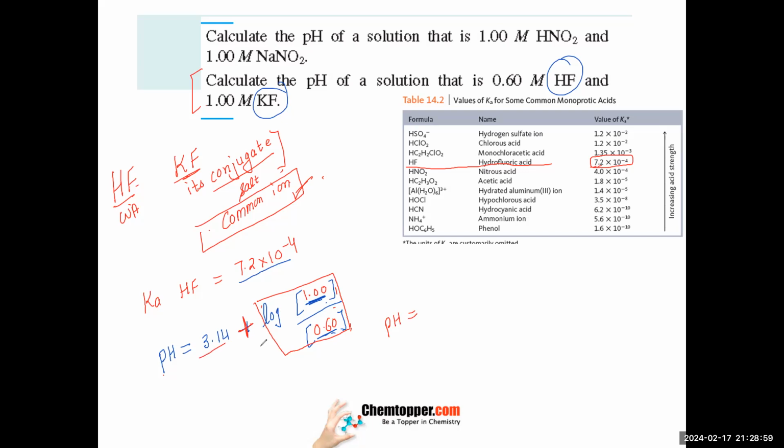But I don't think this ratio is such a big jump, Sanjana. Can you check your calculation again? Yes, I'm also getting 3.36. Sanjana, check your calculations. 3.36. That's the pH. What about the rest of you?